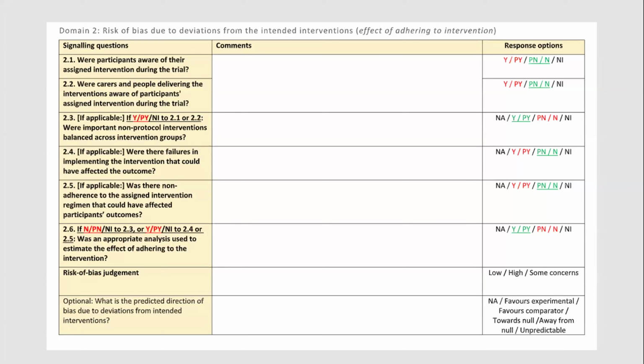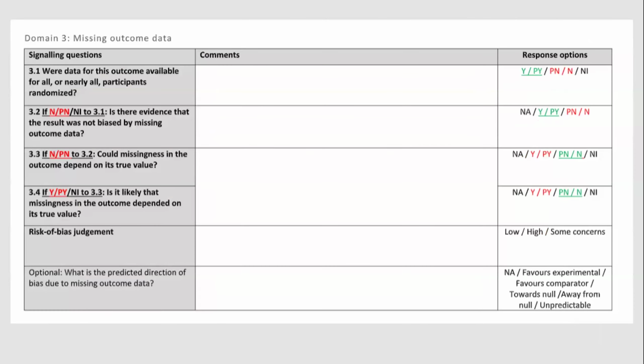Then if 2.5 is applicable, was there non-adherence to the assigned intervention? Then 2.6, if no, partially no, or no information to 2.3, or yes, partially yes, or no information to 2.4 or 2.5. So you have to be thorough in your previous question, because based on it, your next question will be decided.